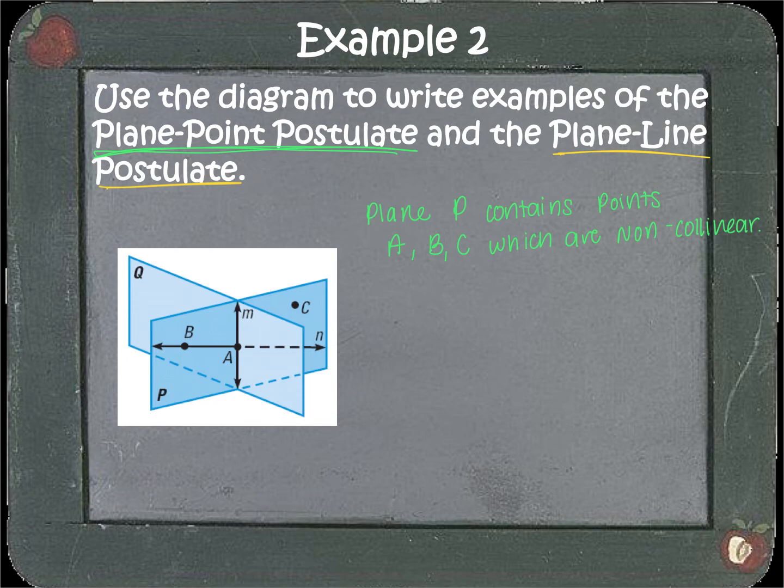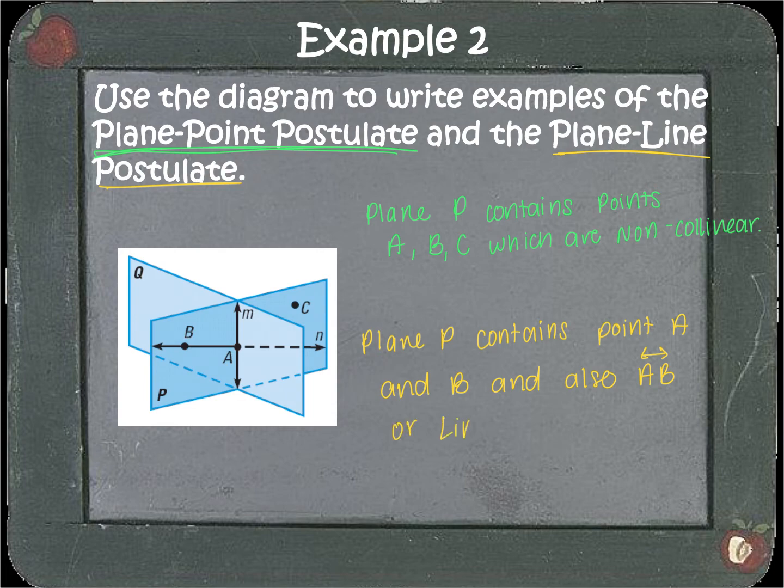Now I'm going to go ahead and do plane line postulate. And plane line postulate, I'm still dealing with plane P. Plane P contains points A and B, and also line AB or line N. Okay, so this is plane line postulate.